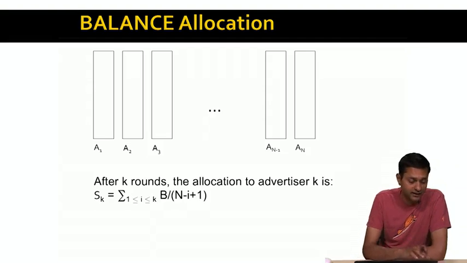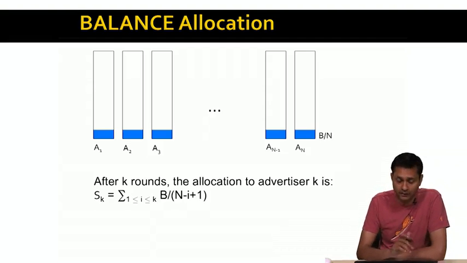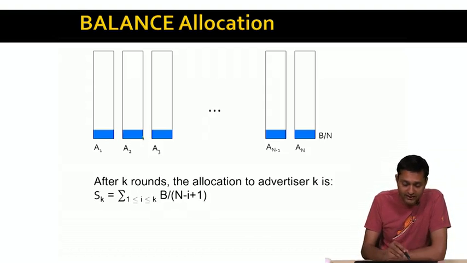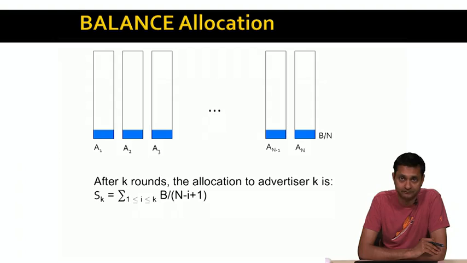Now, since there are B round 1 queries, this means that each advertiser is allocated B by n of the round 1 queries. And I've shown that with this blue coloring on the slide here.